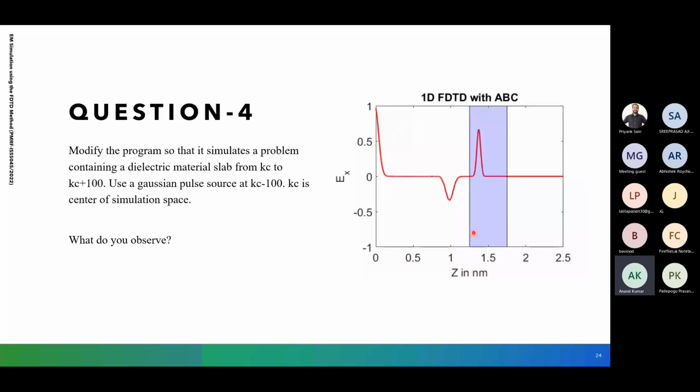You can see at this interface some of the wave gets reflected and some of it is transmitted. Then again at this interface there was some reflection, and this will keep happening since the propagating wave will keep reflecting from both boundaries. I've used the patch command to show the dielectric region.